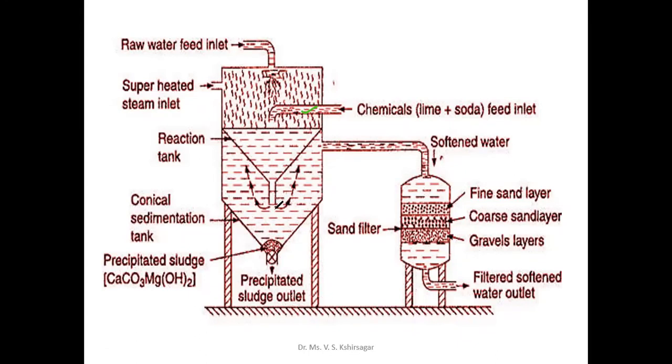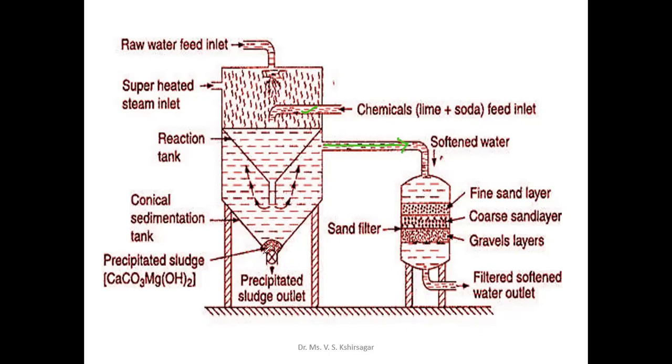When it is dropping down, at that time the solid particles, that is the precipitate, whatever sludge and floc formed, will be dropping down, and the clear water will come to the upper surface, and from the top layer the pure water, free from hardness, will be forwarded for the further treatment process.